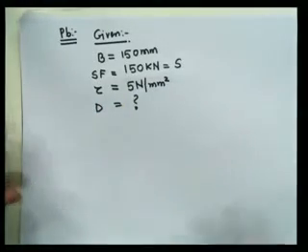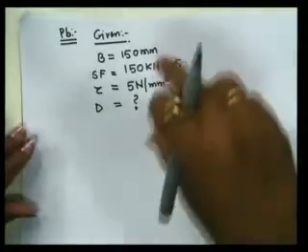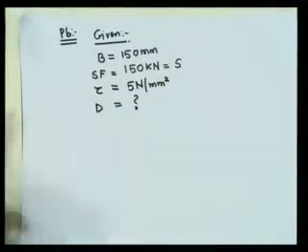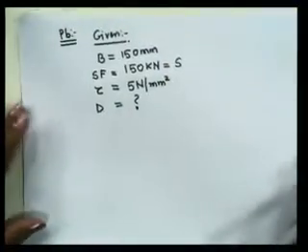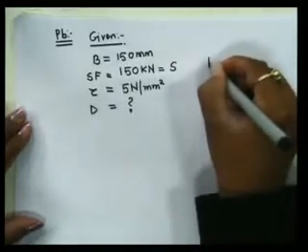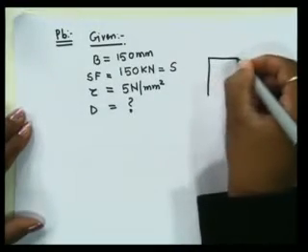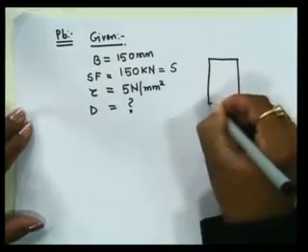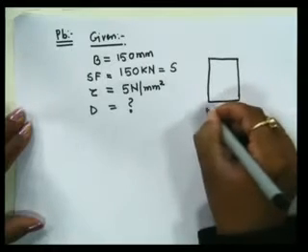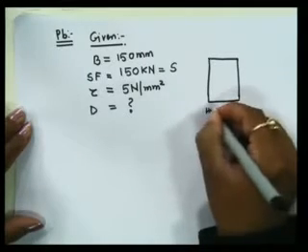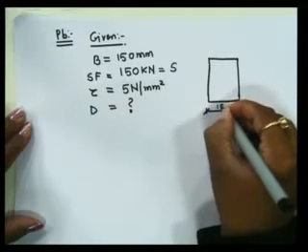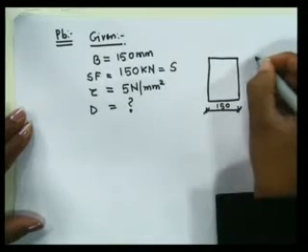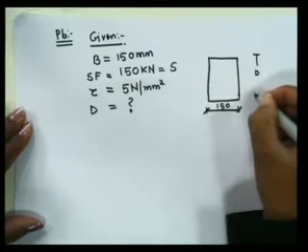This is the problem they have given, that we have got a rectangular section. I can draw over here a rectangular section. They have given the width of the section, which is 150 mm. Depth we have to find out.